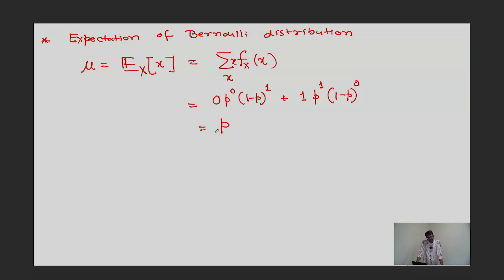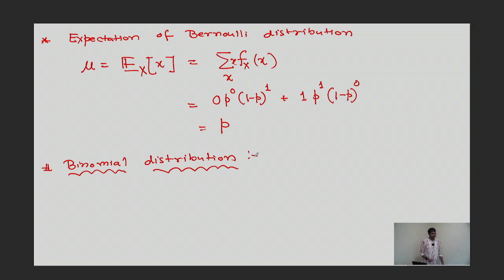You can find variance, skewness, kurtosis, and all of that. The second distribution that we were talking about yesterday was the binomial distribution. When will you use the binomial distribution?